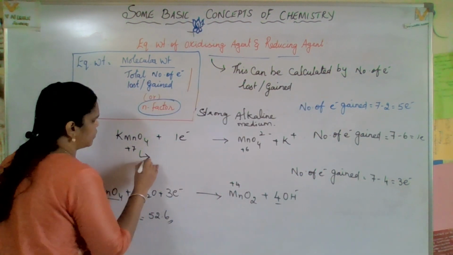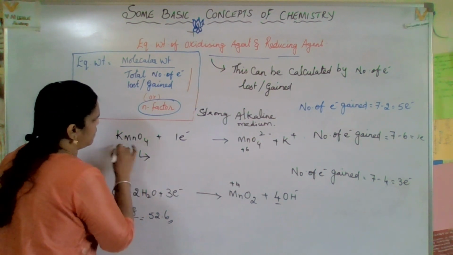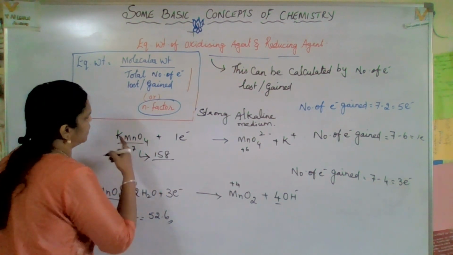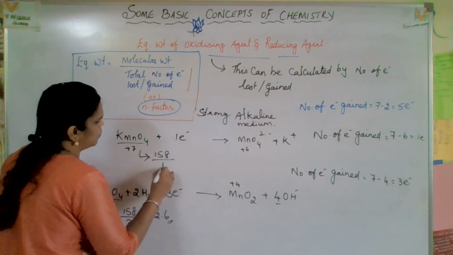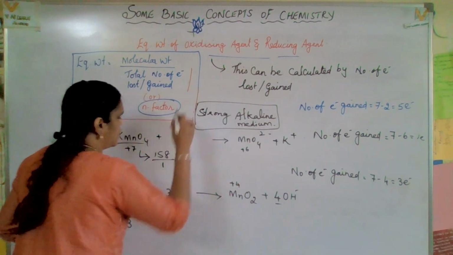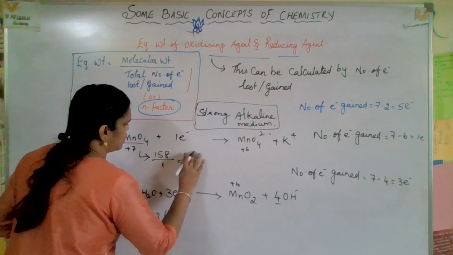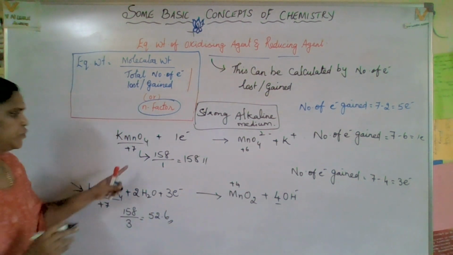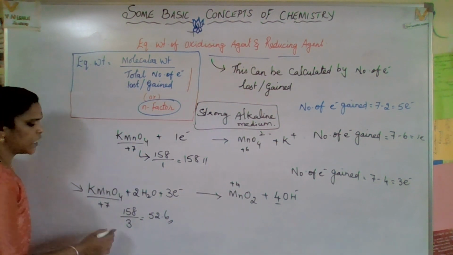So the molecular weight of KMnO4 is 158. I am checking the equivalent weight of KMnO4 here: 1. So for strong alkaline medium, you will get 158 only. There is no unit for equivalent weight. Hope you got a clear idea.